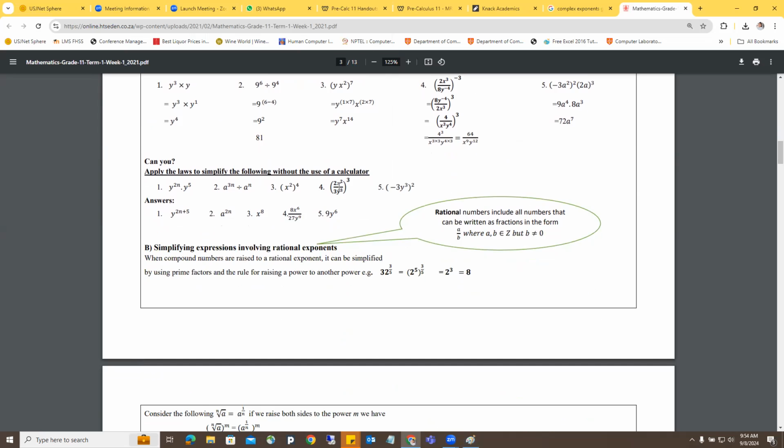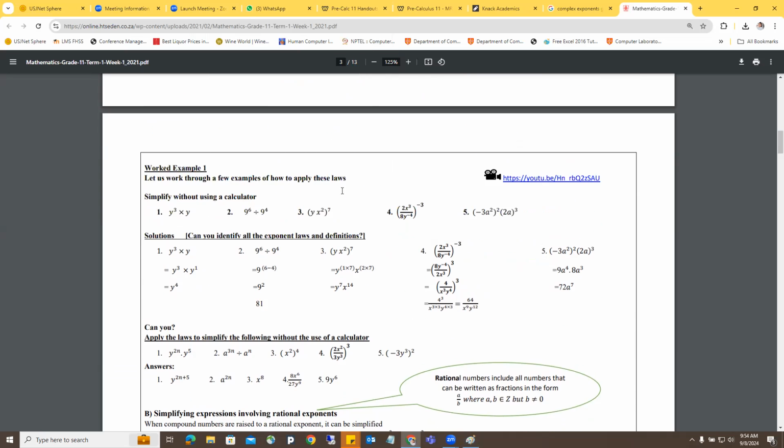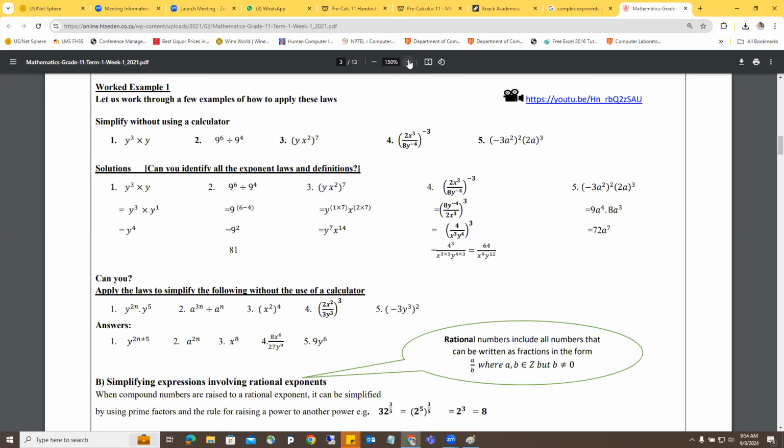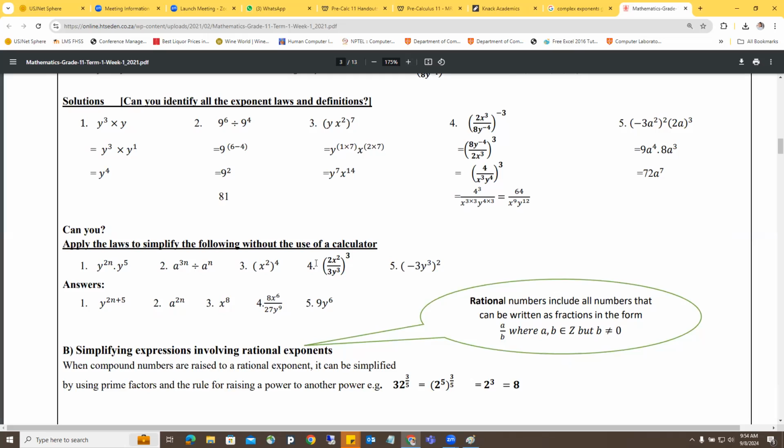Yes. And then can you try the fourth one? 2x cubed, 2x squared, to the power of 3. This fourth one. 8x to the power of 6 over, here we have 3 to the power of 3, 27. 27 y to the power of 9.